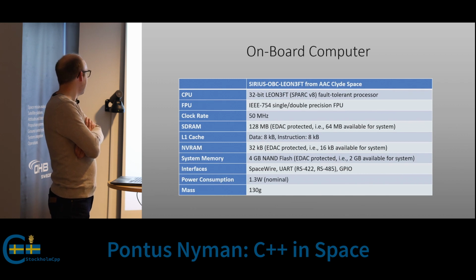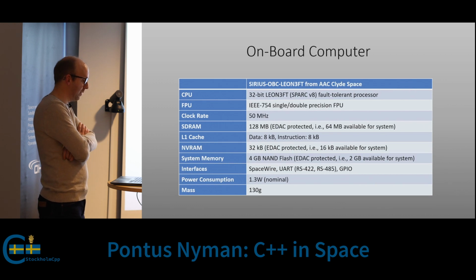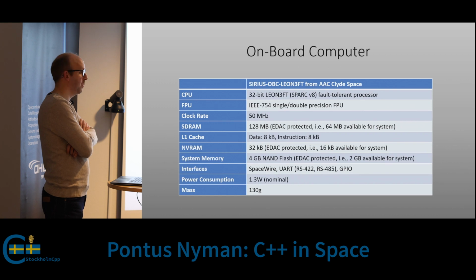We have like 128 megabytes of RAM, but all memories, I think, are EDAC protected. EDAC stands for error detection and correction. So that uses half of the space. So we can only use half of the memory, so 64 megabytes, which has been more than we need so far, actually.